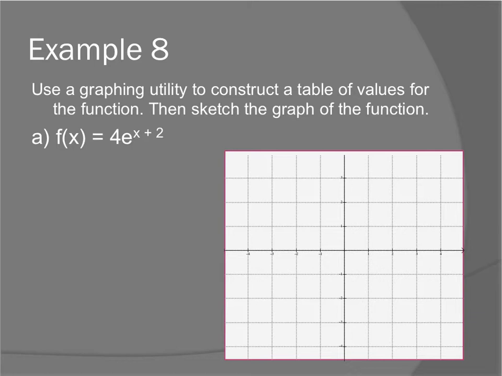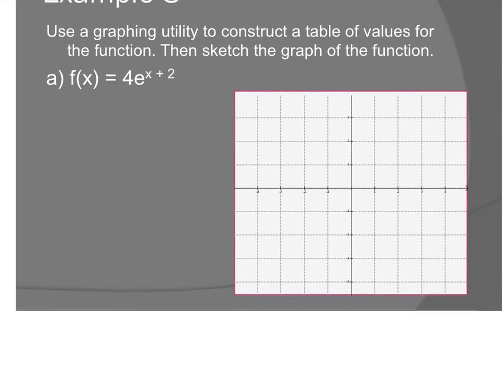Alright, example 8 says use a graphing utility to construct a table of values for the function, then sketch the graph of the function. We're going to plug in numbers and see what our graph looks like. So what should we plug in? Sure, let's plug in 1.